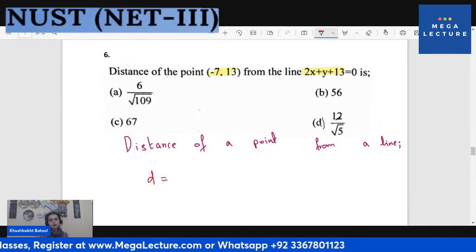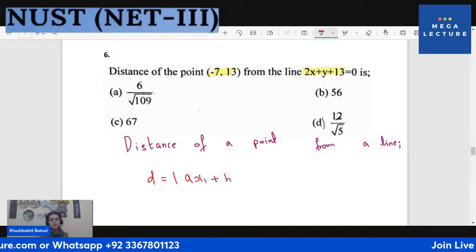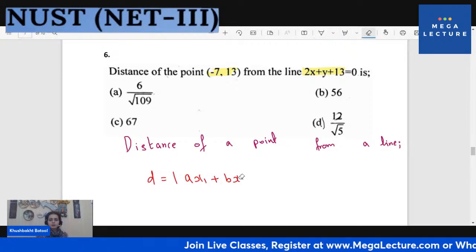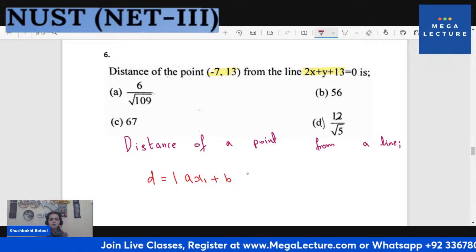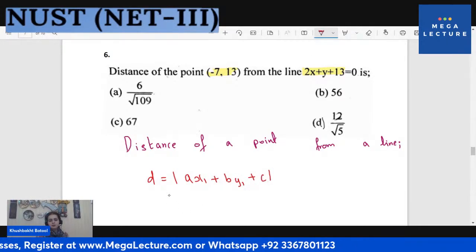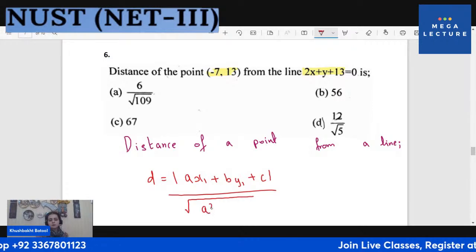Distance d is going to be the mod of ax1 plus by1 plus c divided by under the root a squared plus b squared.